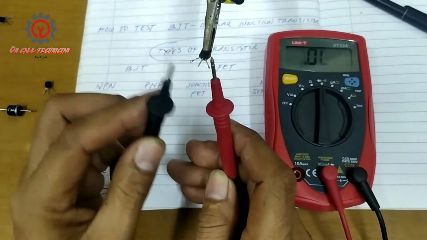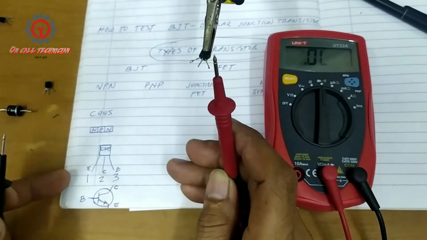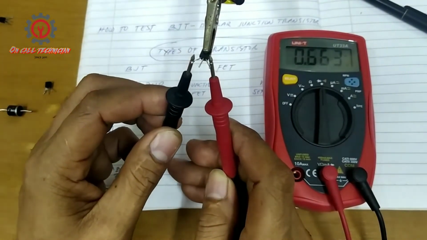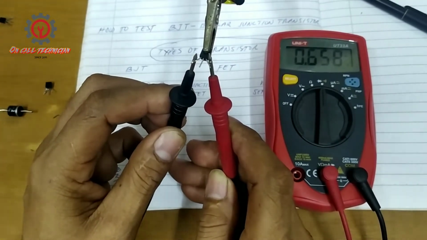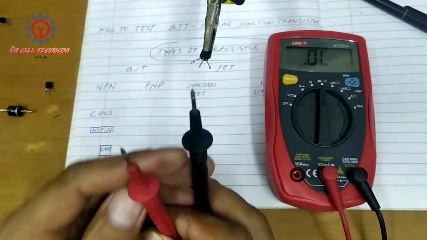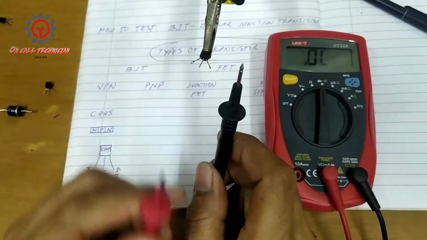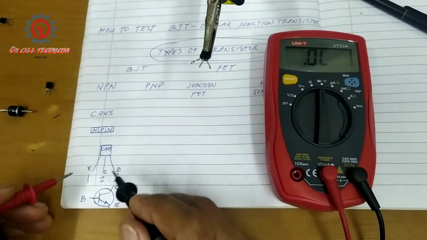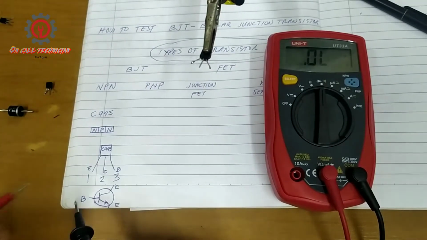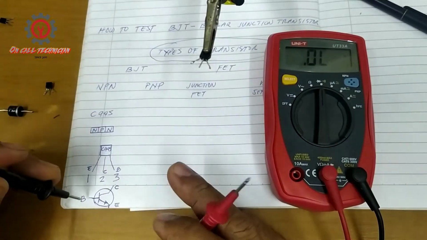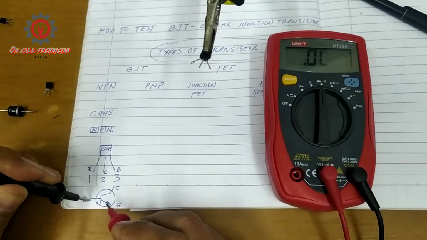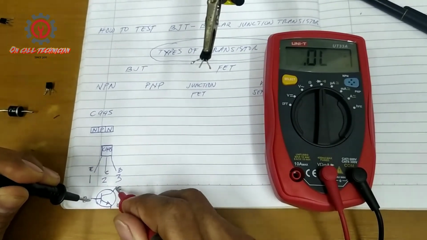And if I put this to the emitter, which is the negative, it has a reading also of 6 point something volt. But if I reverse this one, guys, there must be no reading, because this is a positive. I'm going to put the negative of the test probe here. There must be no reading here and no reading here.